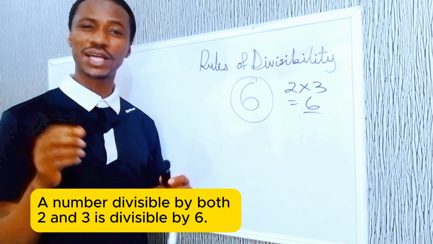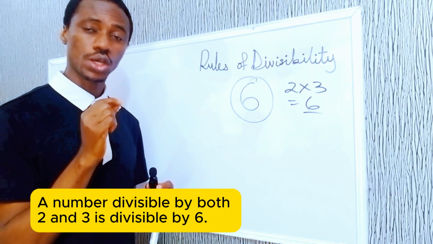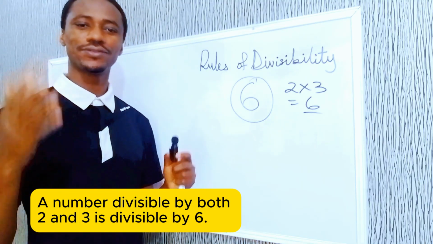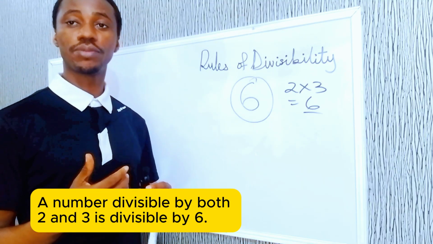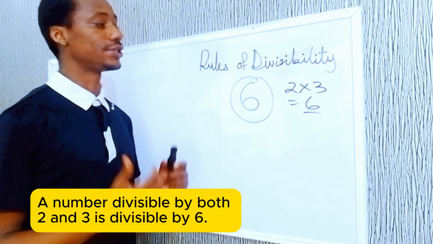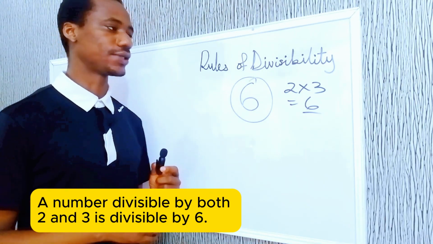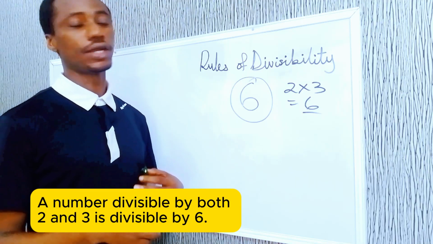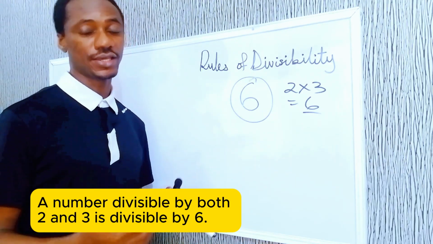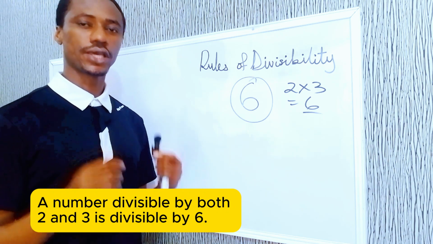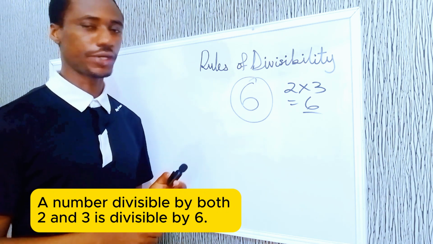For a number to be divisible by 2, the number must be even. And for a number to be divisible by 3, the sum of its digits must be a multiple of 3. So a number divisible by 6 is an even number whose digits sum to a multiple of 3.